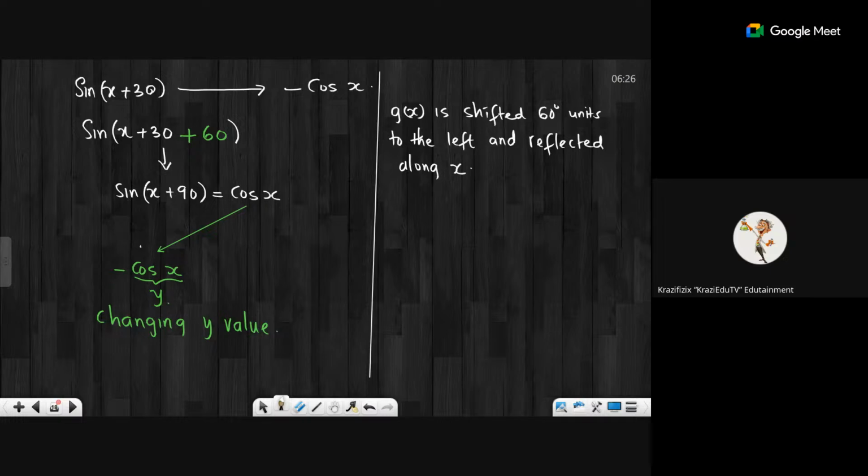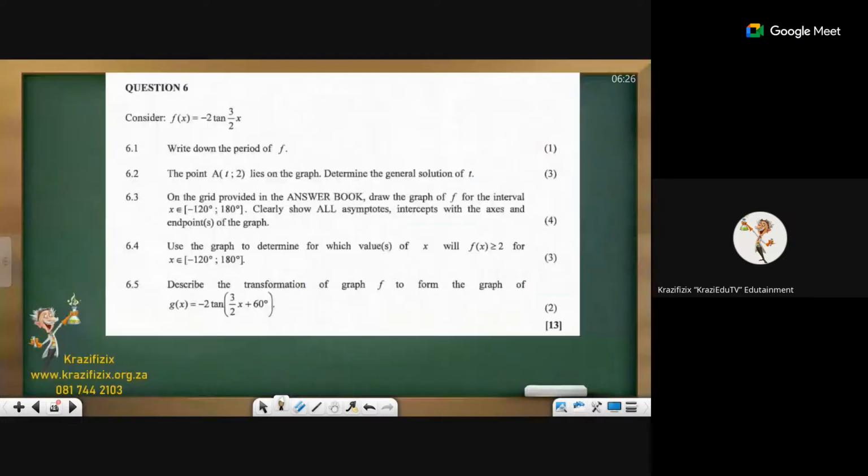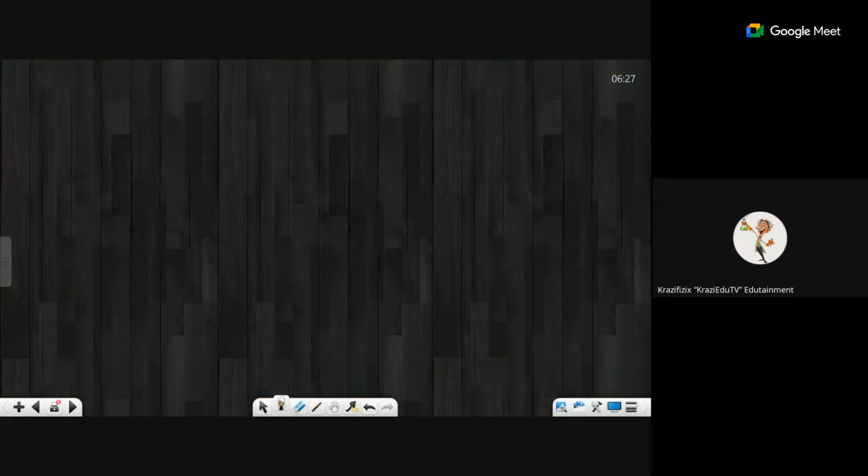8 beautiful marks. Run quickly, 5 minutes. Let's see. All right. Write down the period of f. Quickly, look at this one. We are given f of x equals negative 2 tan of 3 over 2 x. That's why you need to check my notes. They will guide you. What is the period? I did give you: period is 180 over k.